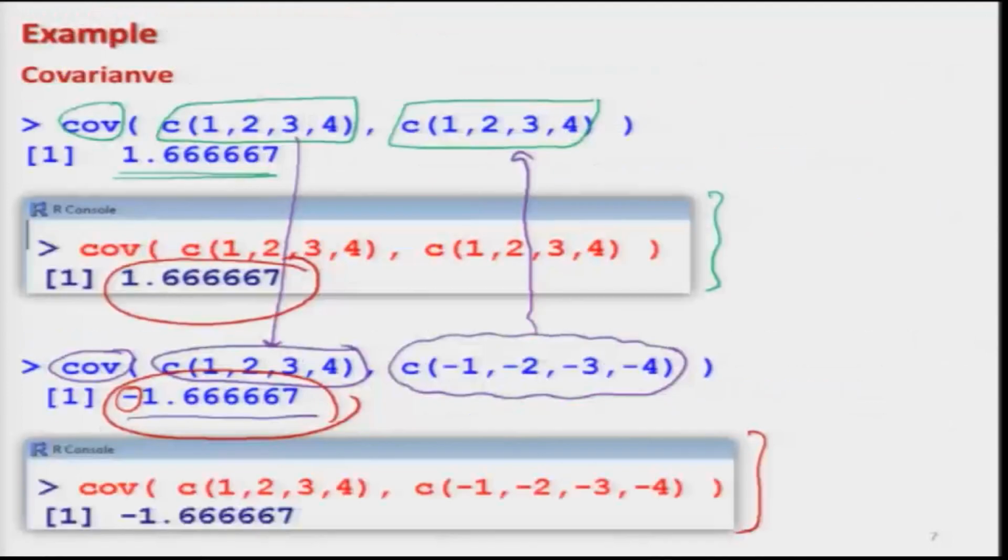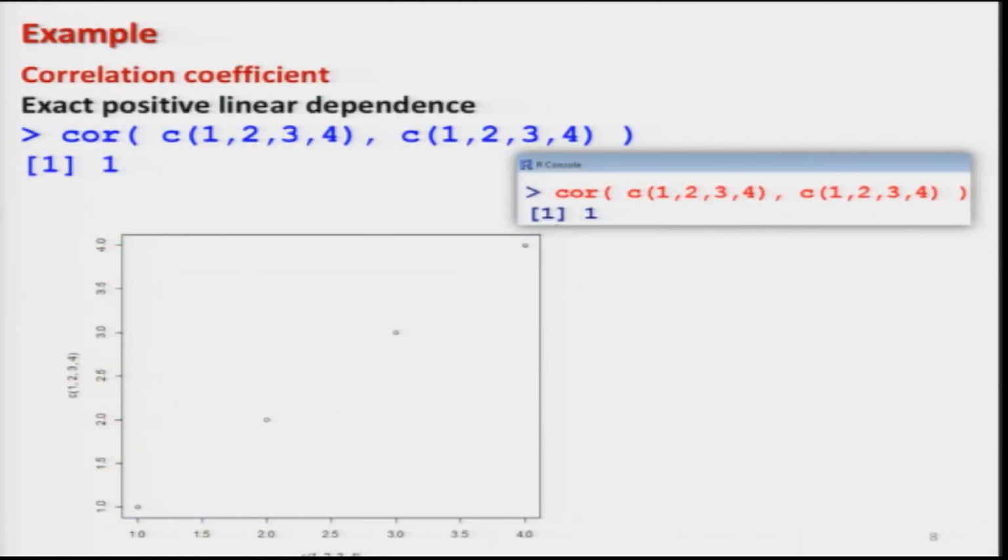And this is what I am trying to show you here, that if the data points in the first case and in the second case have an opposite sign, then this is given by this negative sign here, right. And if you try to plot these 2 data vectors, how will they look? For example, now I try to find the correlation coefficient, by which I will also show you the direction.